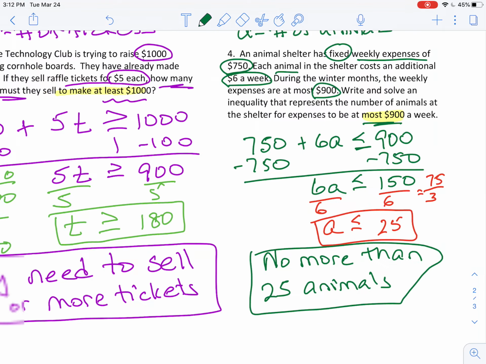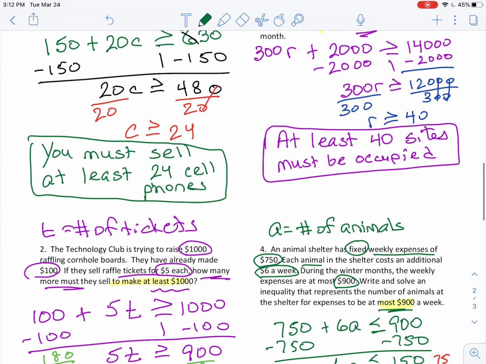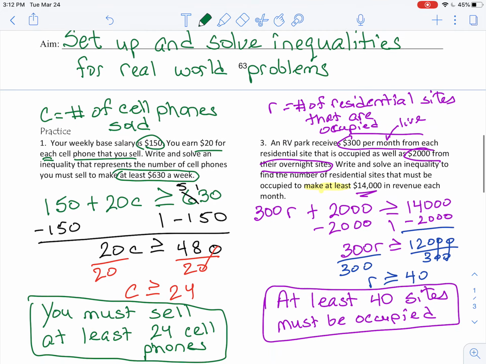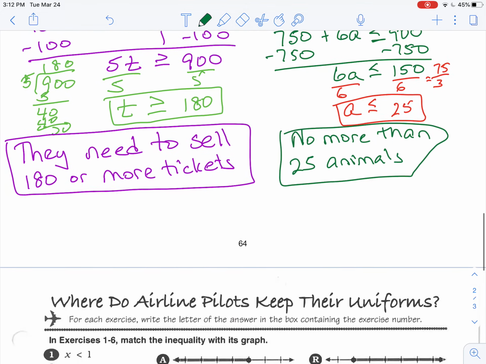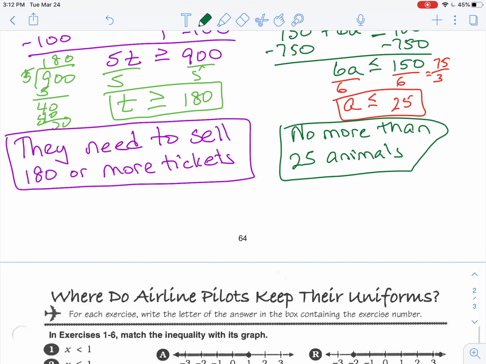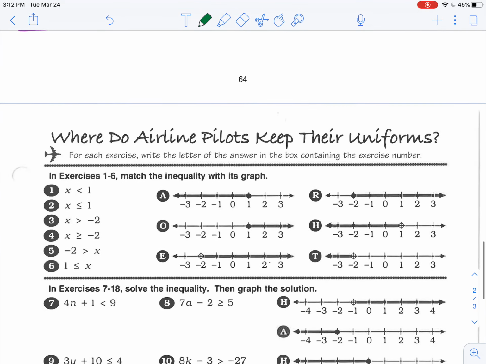Maybe you wrote at most there are 25 animals, something like that. All right, writing and solving these inequalities is kind of hard. It's kind of a difficult thing, so we're just taking it slowly.